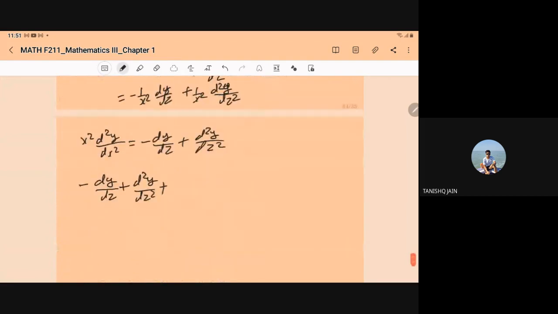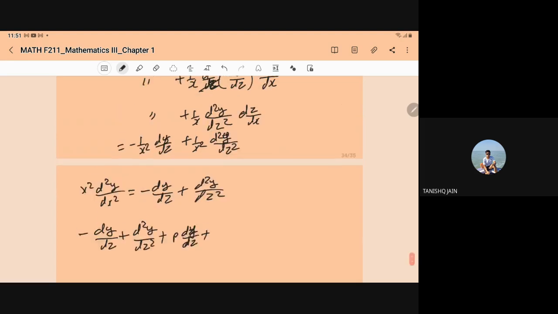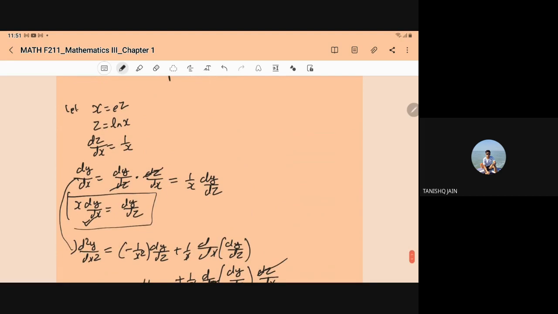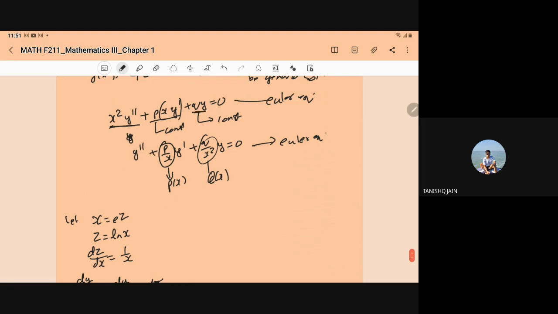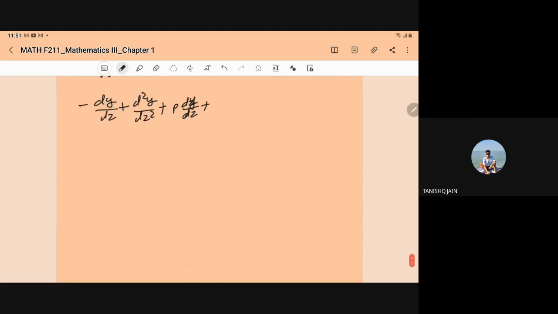So it will become p dy by dz, plus, in the equation here we have qy is equal to 0. So here we write plus qy is equal to 0. So this can be written as d2y upon dz2 plus (p minus 1) dy by dz plus qy is equal to 0.